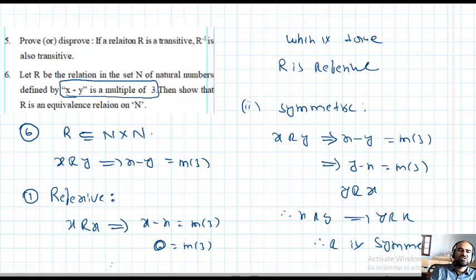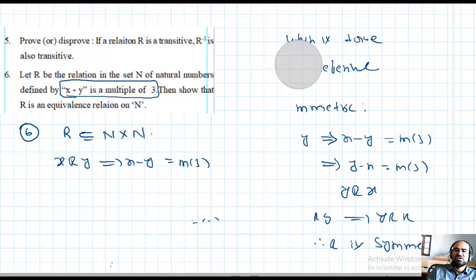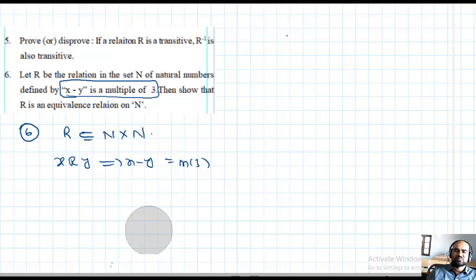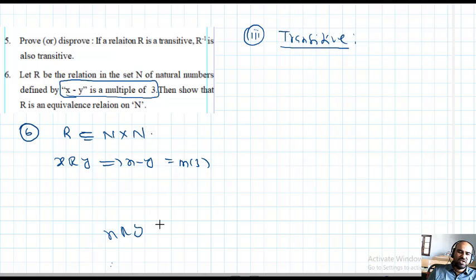Now I want to check for transitivity. Hard one. How to check transitive? x related to y and y related to z should give x related to z.